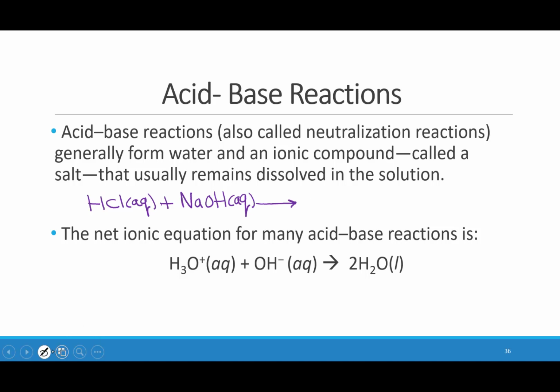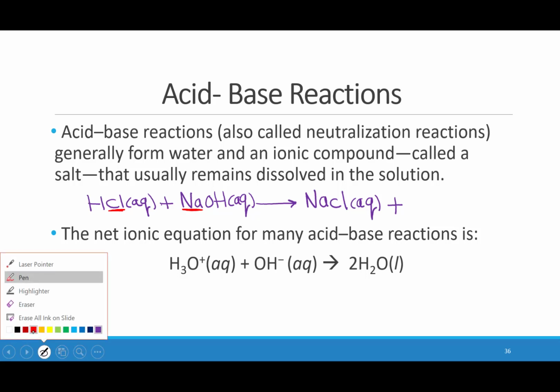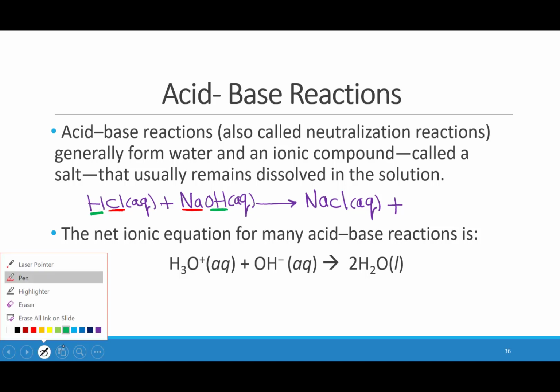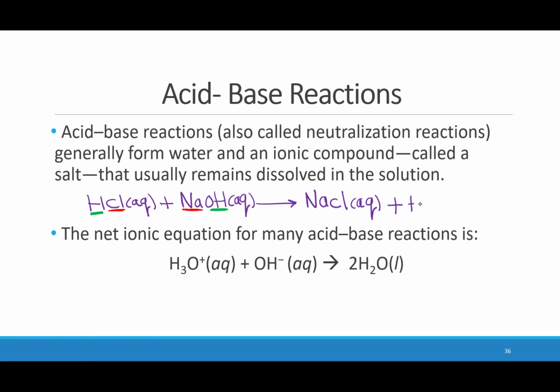Then what happens is that the chlorine reacts with the sodium, which produces sodium chloride, plus the hydrogen from the acid reacts with the hydroxide ion of the base, which produces water. Okay, that's a typical neutralization reaction, because the pH of your solution will be 7.